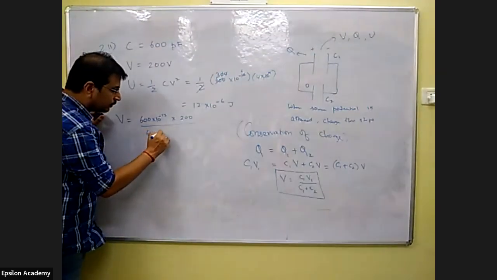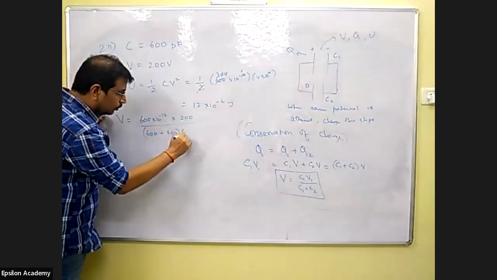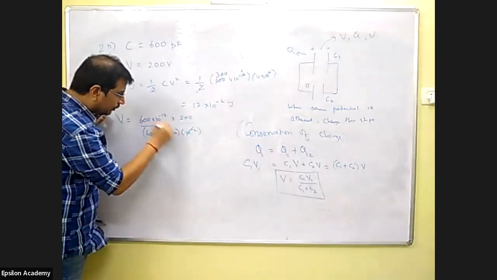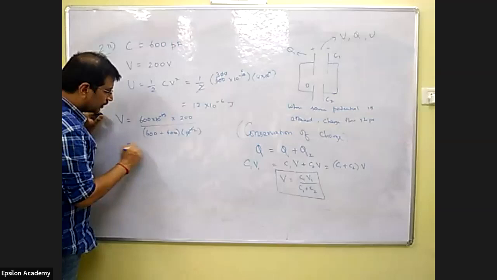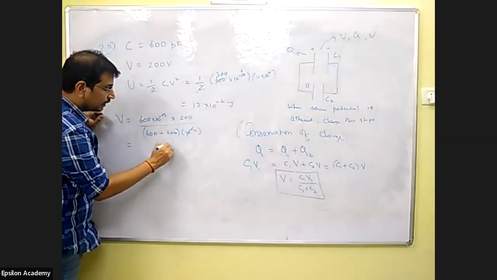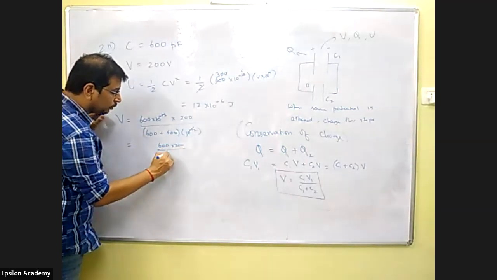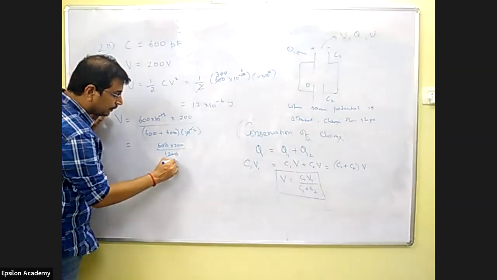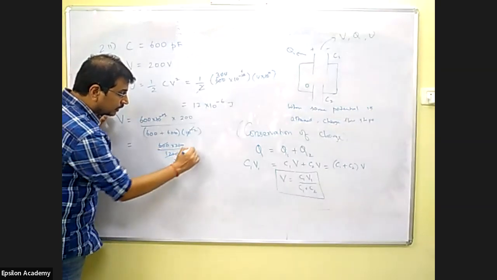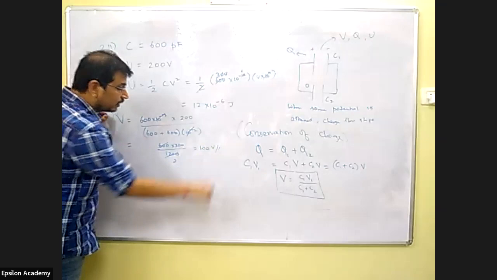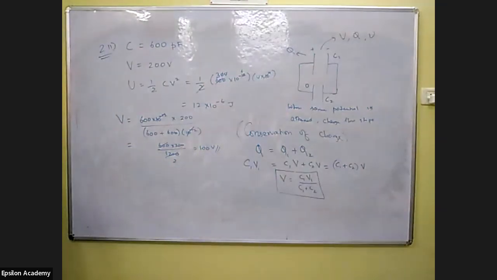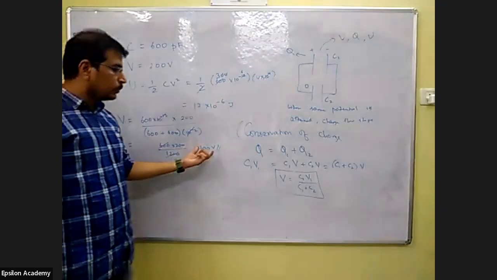So 600 plus 600 into 10 power minus 12. So the 10 power minus 12 will get cancelled. So you will have 600 into 200 divided by 1200. So the final potential will be 100 volt. Okay, now the final potential is 100 volt.